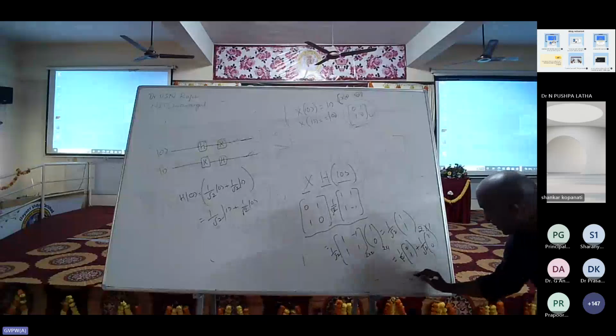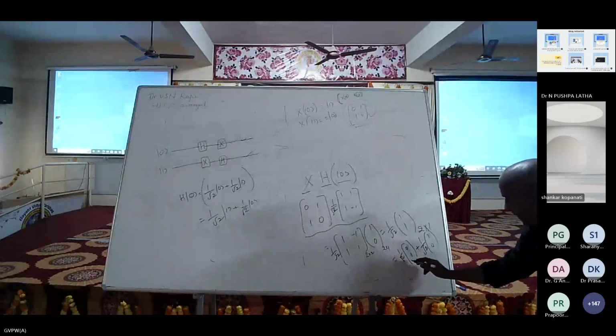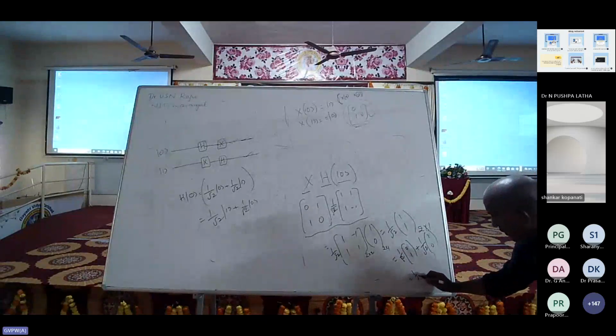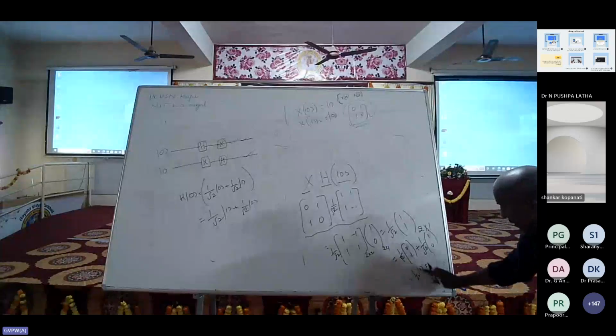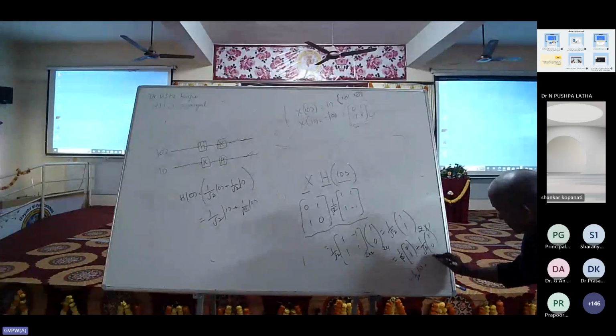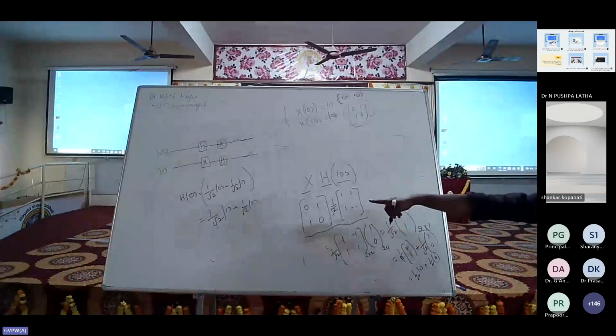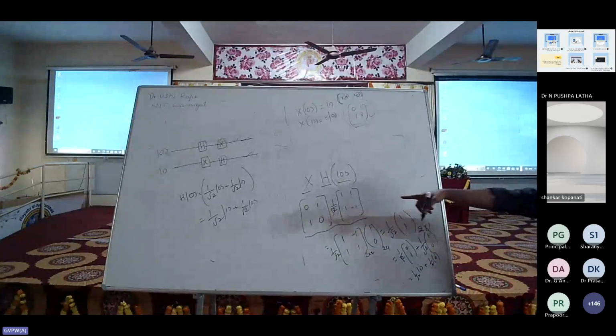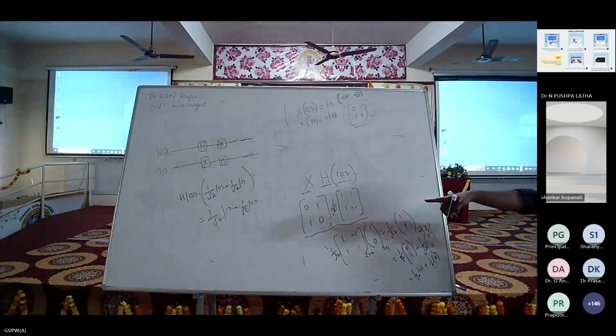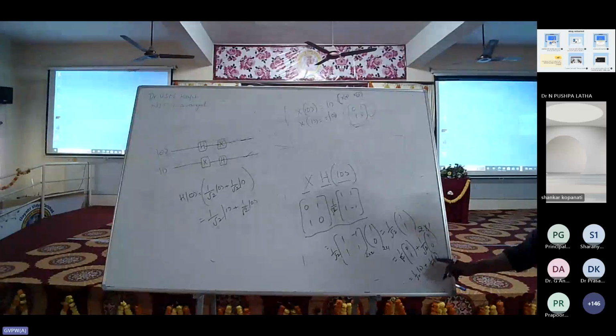Then this is nothing but 1 by root 2 ket 0 plus 1 by root 2 ket 1. Is that the same result I got there? 1 by root 2 ket 1 plus 1 by root 2 ket 0.